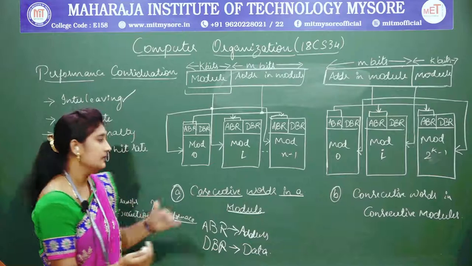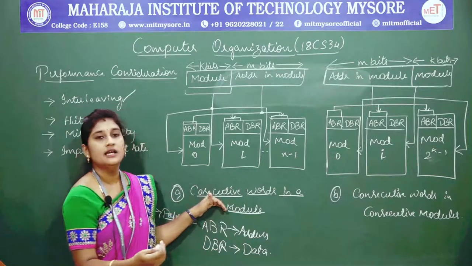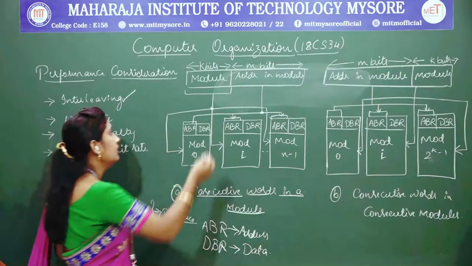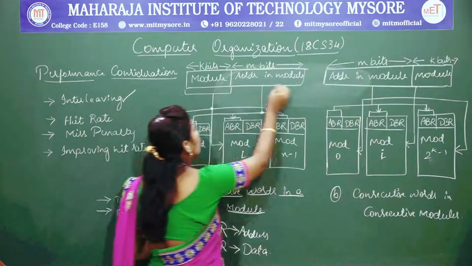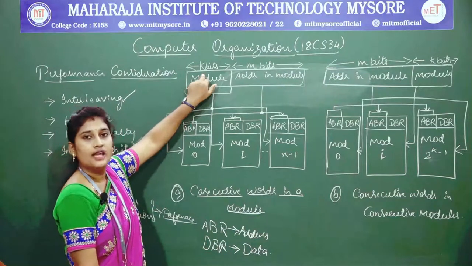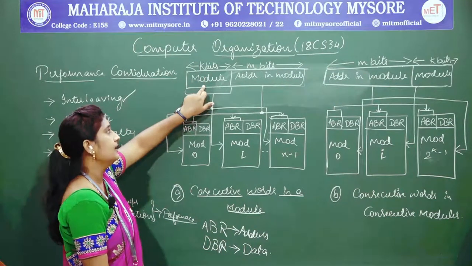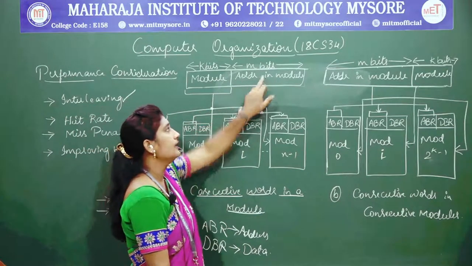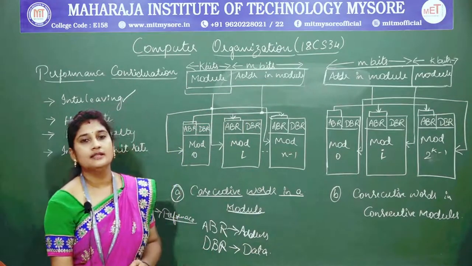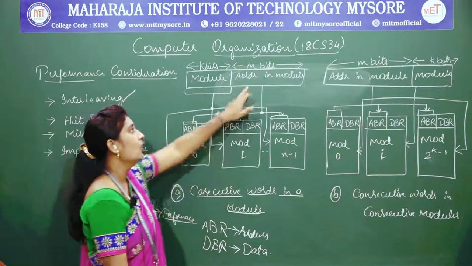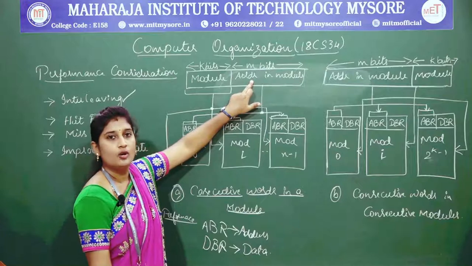In those cases you can use this interleaving technique, in which you have two fields: the higher order k bits represent the address of the module, and the lower order m bits represent the particular byte or word of the respective module.